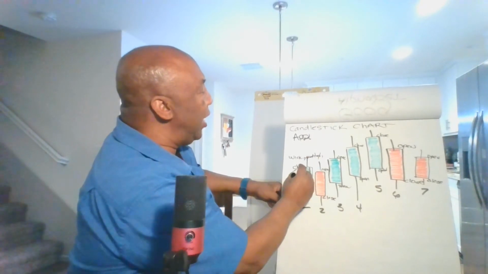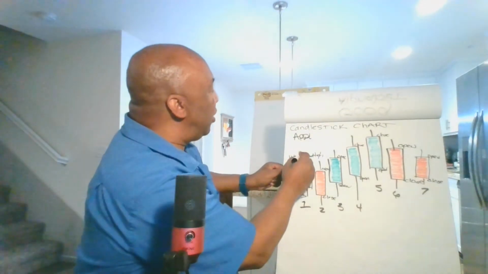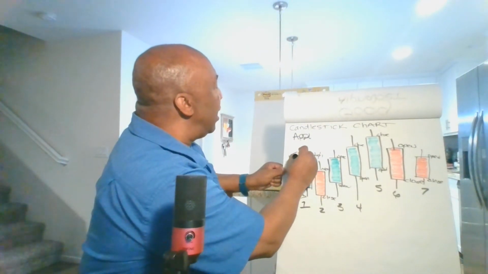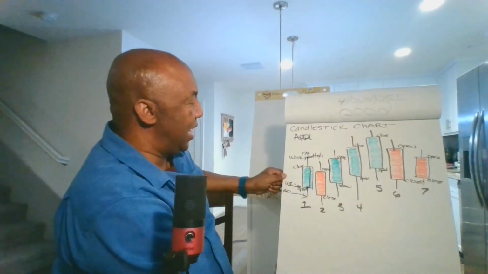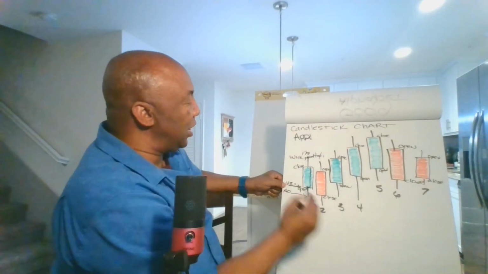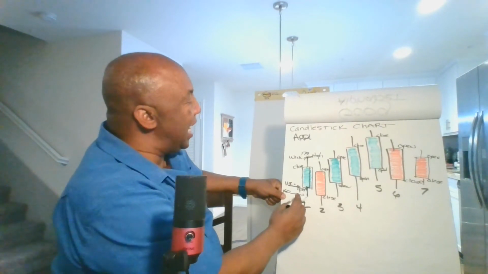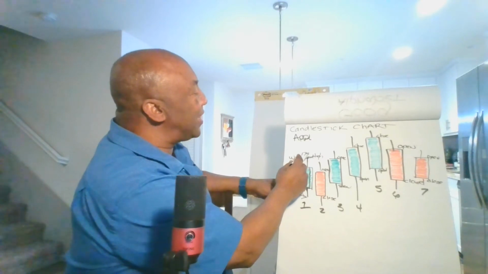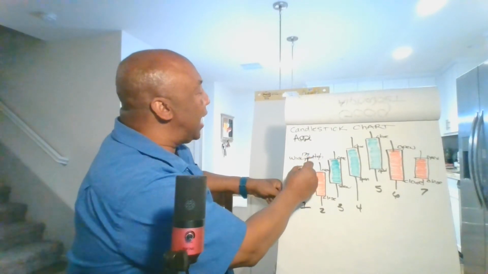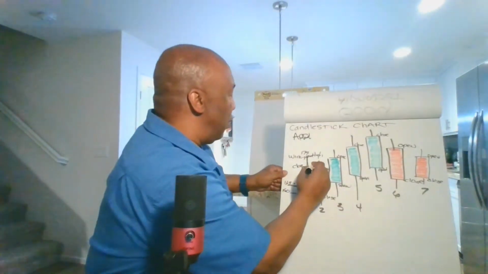This wick represents the high on the green candle, say about 175. So it went from 163 at the open, down to 160, and then all the way back up to 175. That's the high for the day. But then it came here, and this is where the candle closed, at 170.